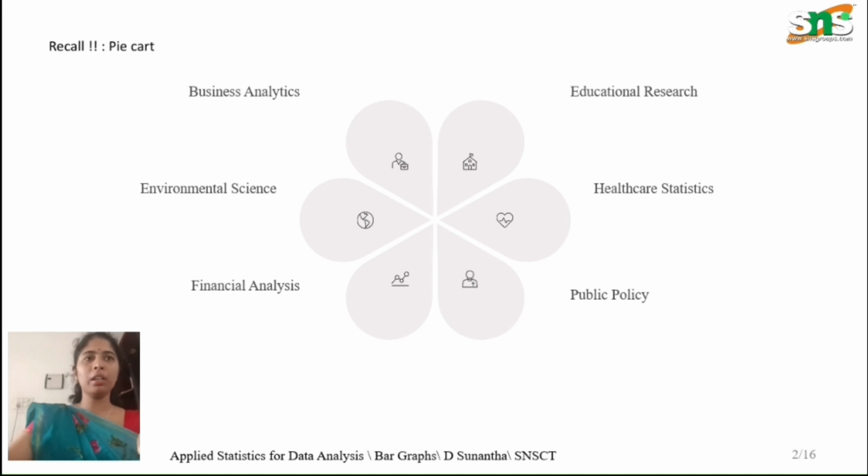Unlike pie charts, bar graphs allow us to compare multiple data sets clearly and accurately. We'll learn about bar graphs, which are especially useful when comparing values across different categories.